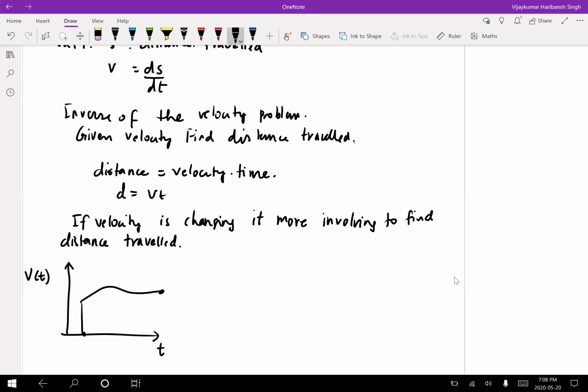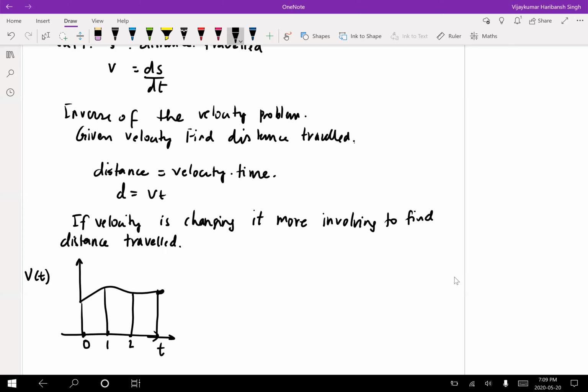Suppose this is time t equals 1, t equals 2, t equals 3. So this is time t equals 0. Okay, so maybe it's a good idea to draw the velocity graph like that.